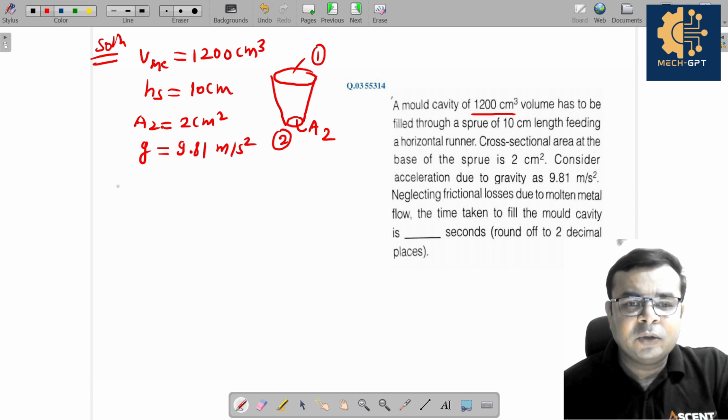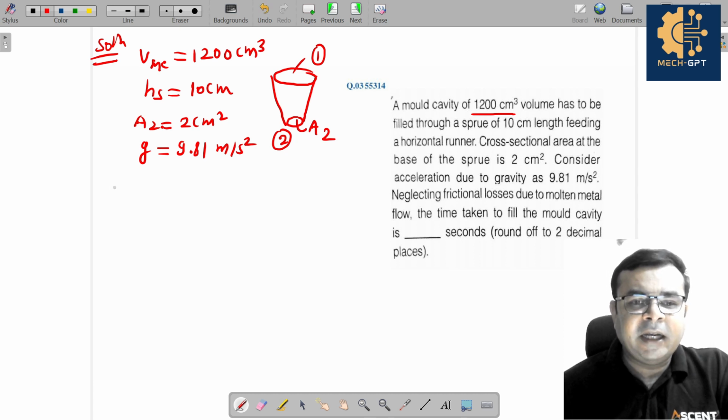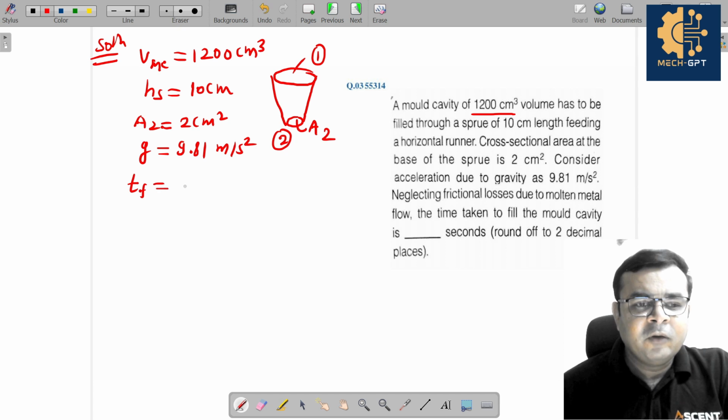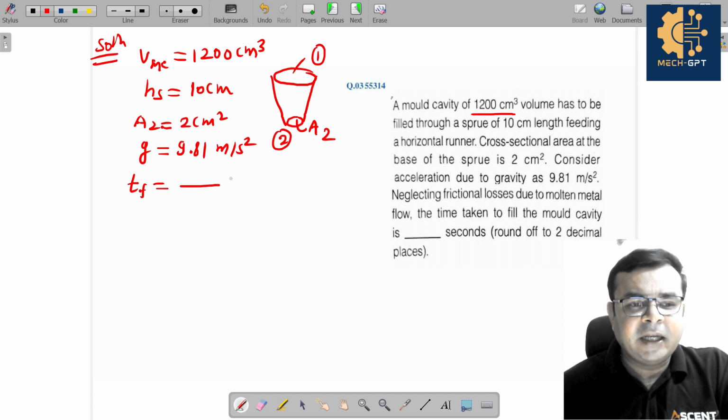Neglecting the friction losses due to the molten metal flow, the time taken to fill the mold cavity in second. So we need to calculate the filling time or pouring time in second. Correct?